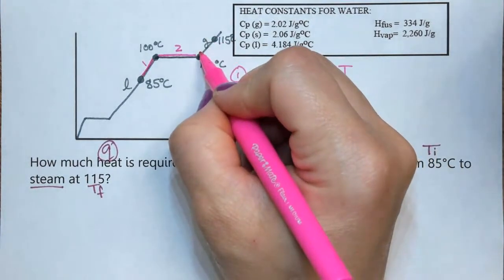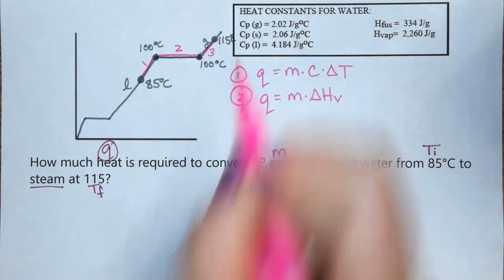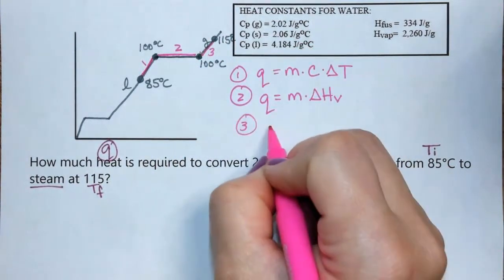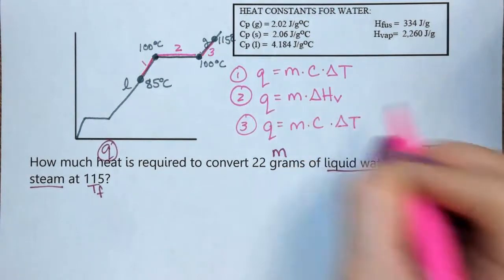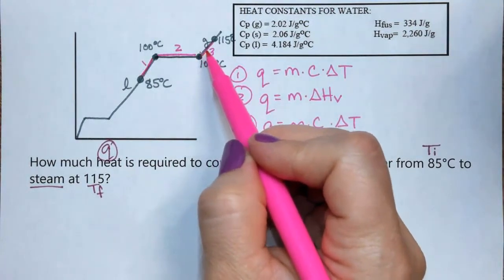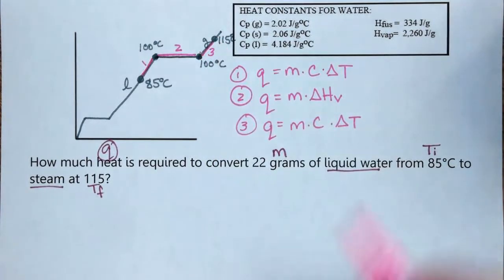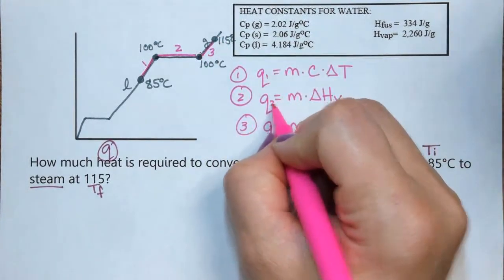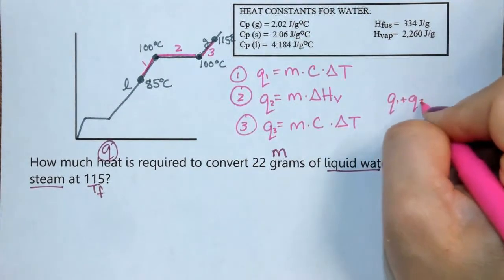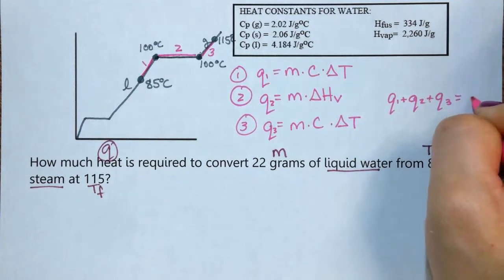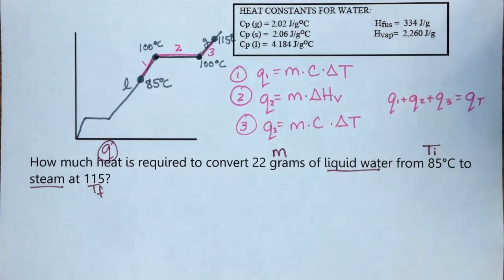And then finally we have this point number 3 right here where Q is equal to M times C times delta T in order to raise the temperature of the gas from 100 to 115. So this is Q1, Q2, Q3, and at the end we'll take Q1, add it to Q2, add it to Q3, and we'll have a Q total when it's all said and done.